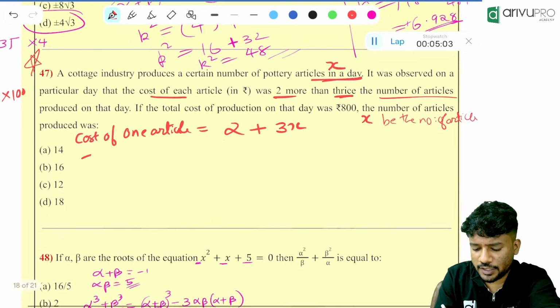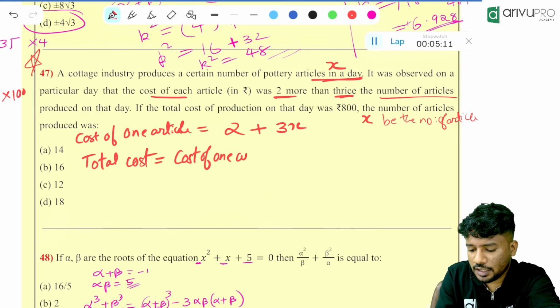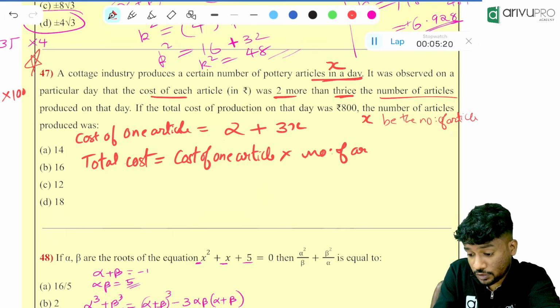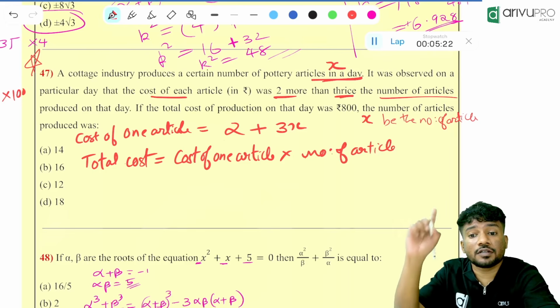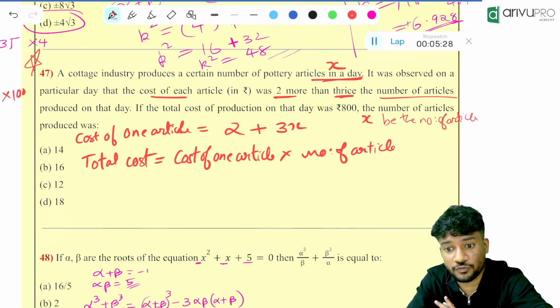One more thing I told you. Total cost is nothing but cost of one article into number of articles, correct? Total cost of Kit Kat is the cost of one Kit Kat into the total number of Kit Kat.